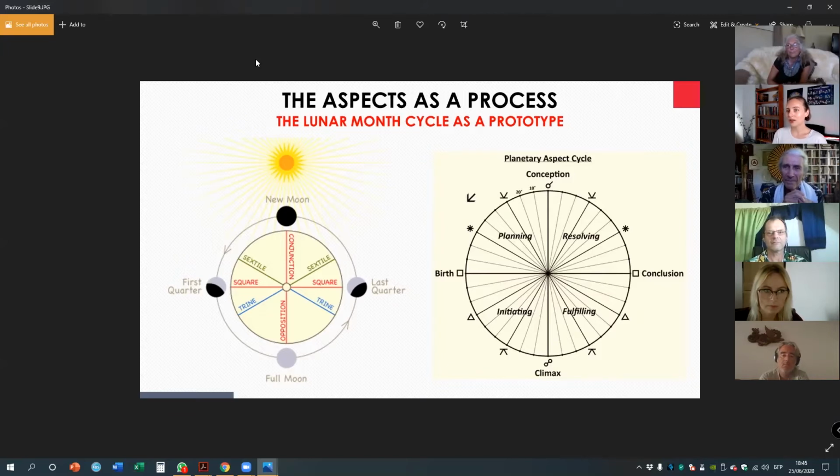These 4 points are really a journey. If we think of Mars and Venus, for example, with a conjunction we are maybe not thinking yet, but just feeling, I want to have relationships with the world or with someone else. There's just the impulse of wanting that.